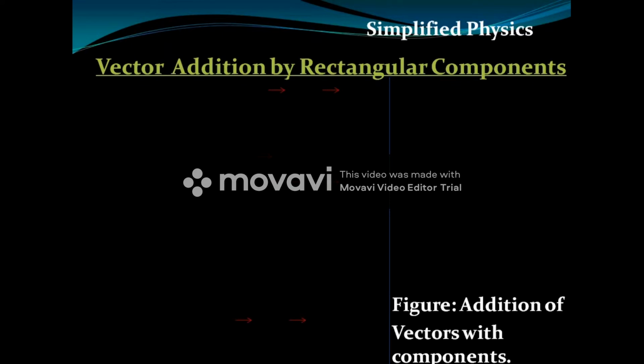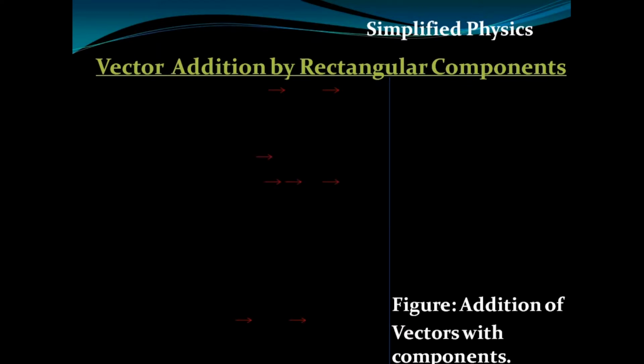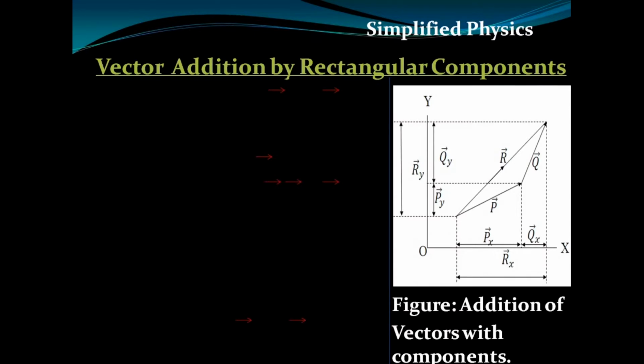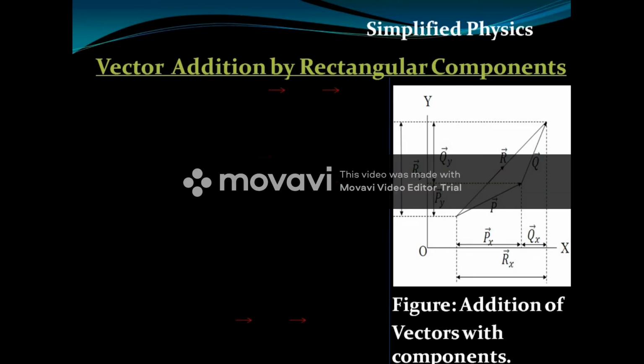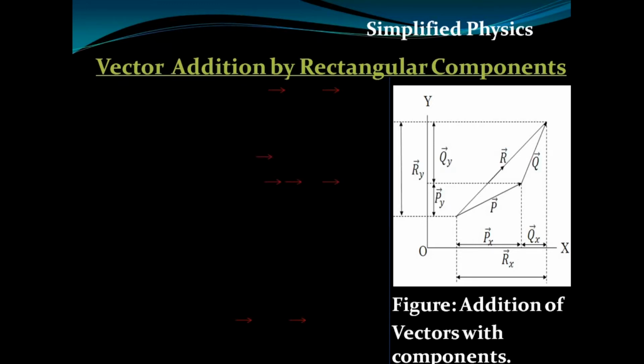Using the rectangular components, we can find the resultant of the addition of two vectors. Let us suppose P and Q are two vectors, and R is the resultant of the addition. Simply using the triangle law, we can find the resultant R equals P plus Q. How can we find it using the rectangular components?